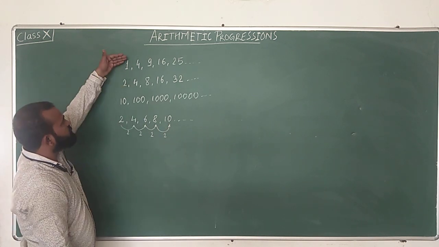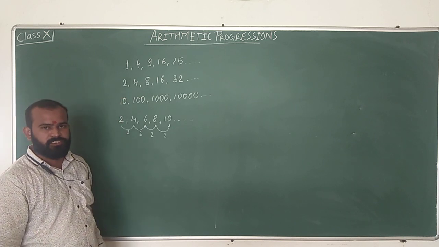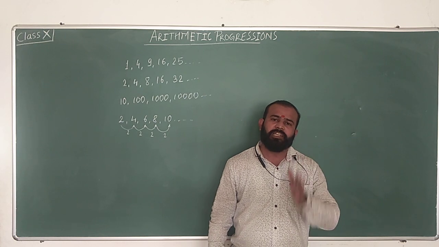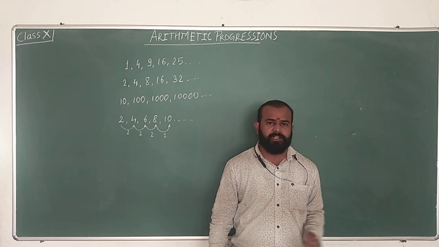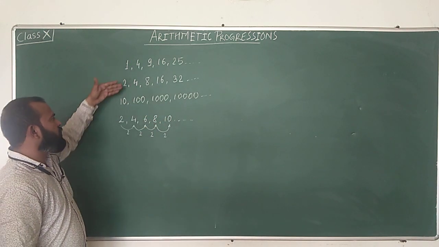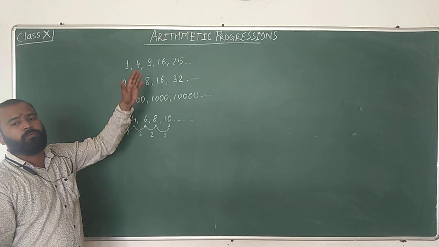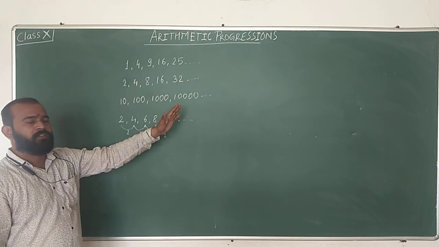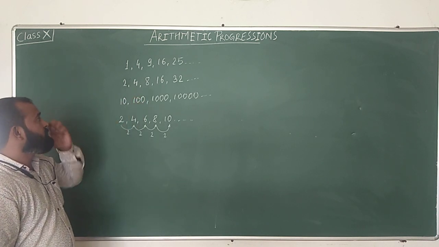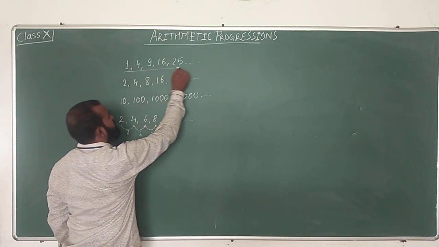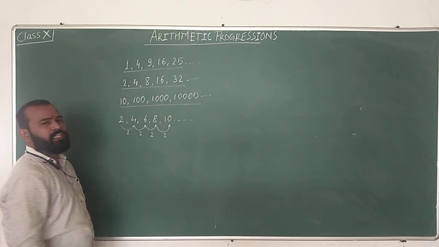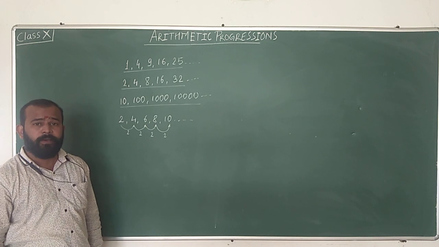Okay, so these all are called a sequence. The list which is defined by some pattern is called a sequence. Every number in a sequence is called a term. What do we call every number?